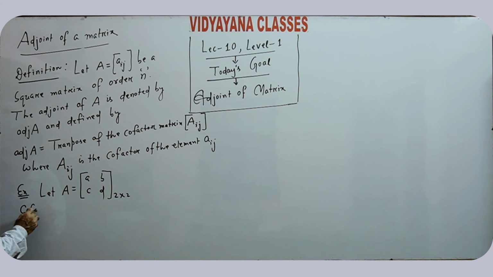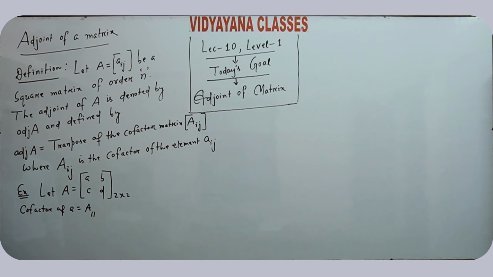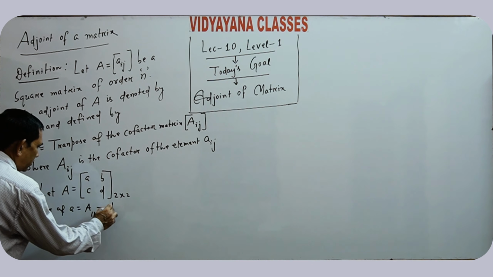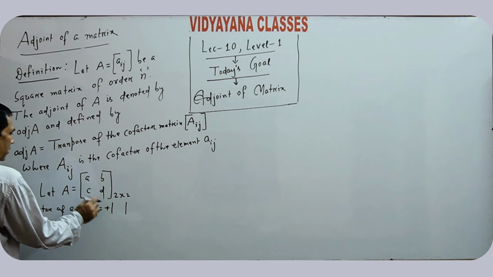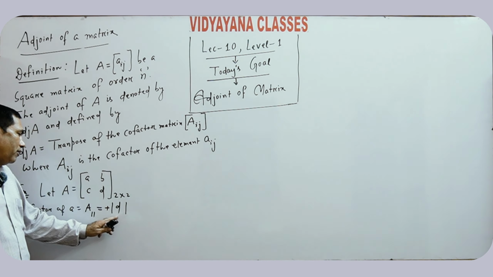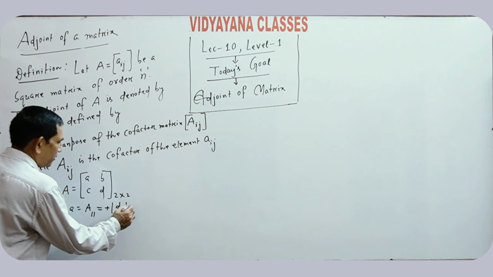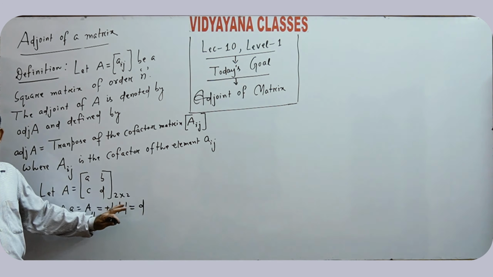Cofactor of the element a, which is denoted by capital A11, is the sign of a, positive, into determinant. Deleting the first row and first column, it gives determinant of d. Determinant of a single element is itself, so it is d.